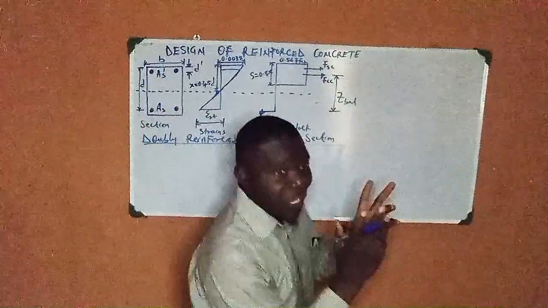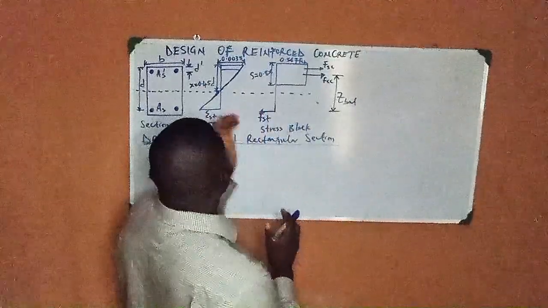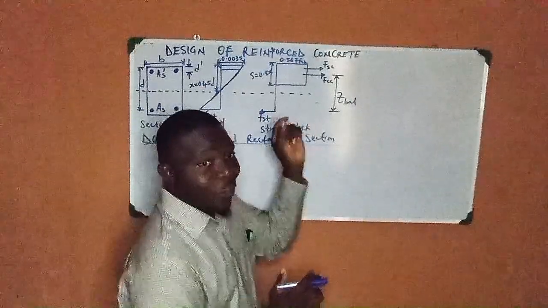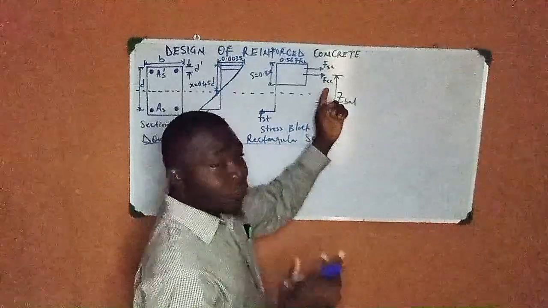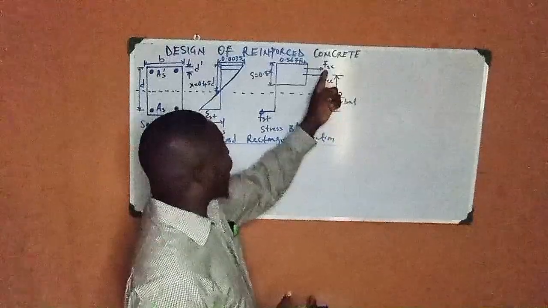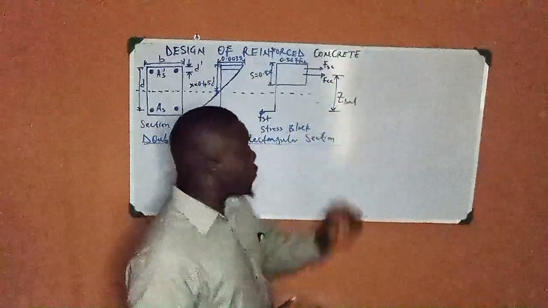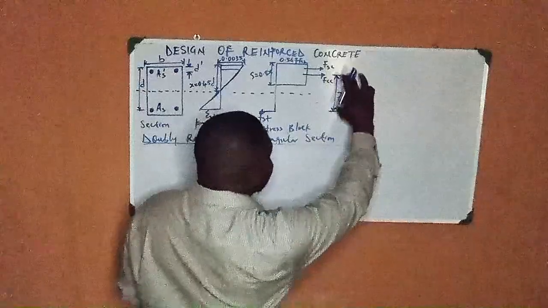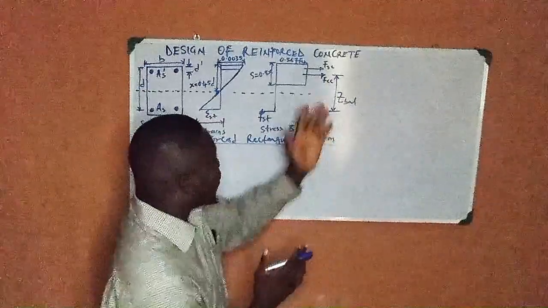We have two forces because now in the compression zone we have the steel and the concrete. This Fcc is the usual force of concrete in the compression zone, while your Fsc is the force of steel in the compression zone. So here is your z, your lever arm.